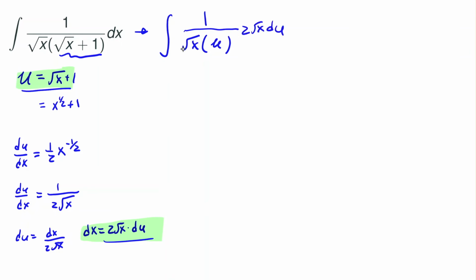And we'll see that this square root of x cancels out. So what we have left is 2 over u du. And we can take the 2 outside of the integral sign, so we have 1 over u du.